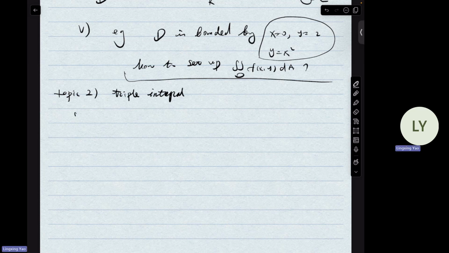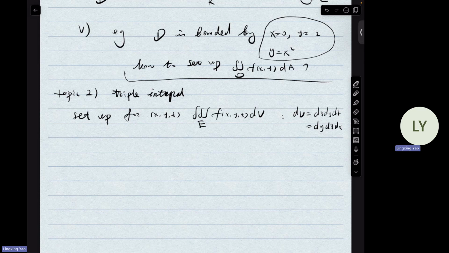and we need to set up the iterated integral for xyz plane in the Cartesian coordinates, volume E f of x, y, z dv, and here dv is dx, dy, dz, or dy, dz, dx, or with some other order, and you need to project.